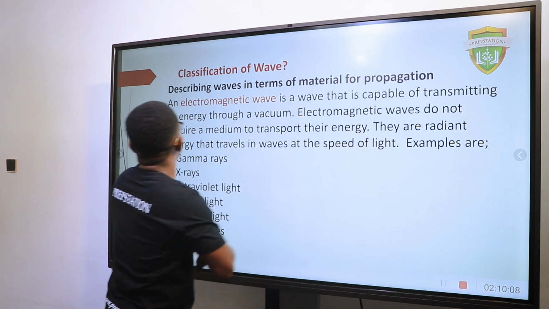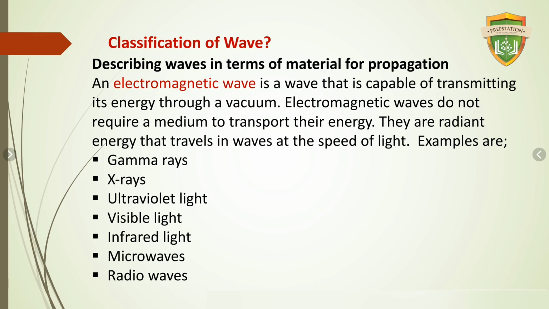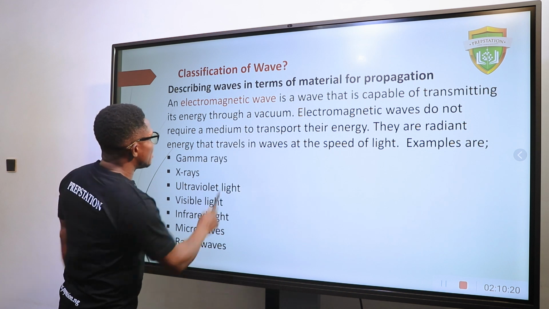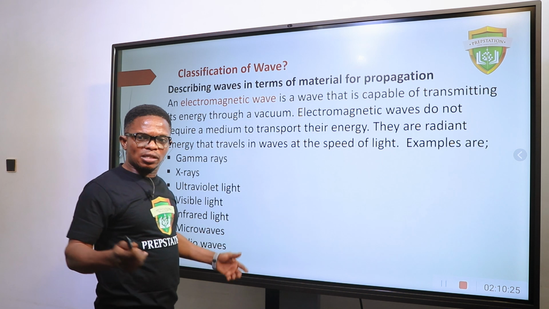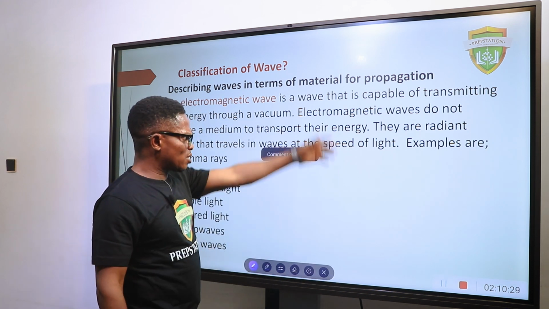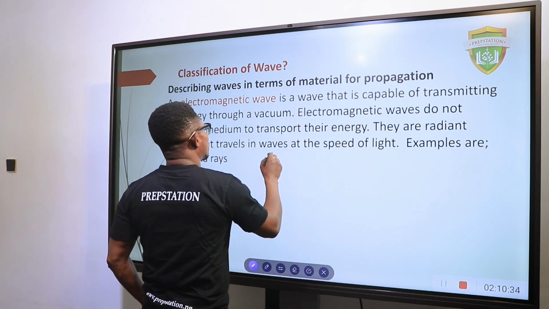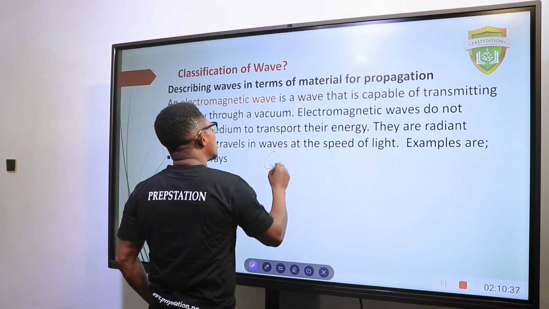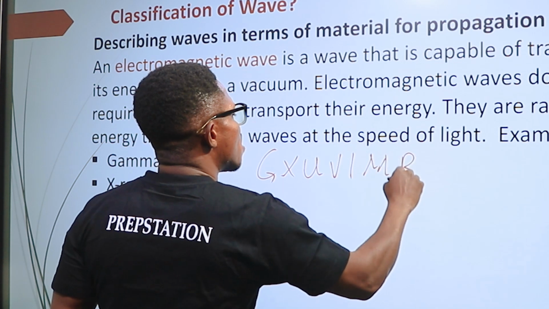So let's move forward. Then we have the electromagnetic wave. These are waves that are capable of transmitting their energy through a vacuum. In other words, these forms of waves do not require material medium. For example, the radio signal. You don't need material medium to transmit radio signal. And we have about 7 of them in that list, which is called the electromagnetic spectrum. That is the GXUVIMR.